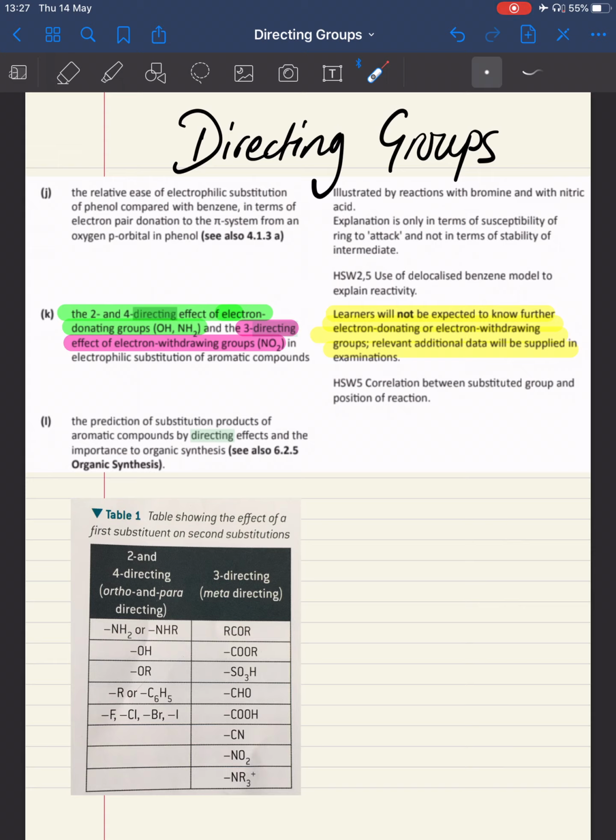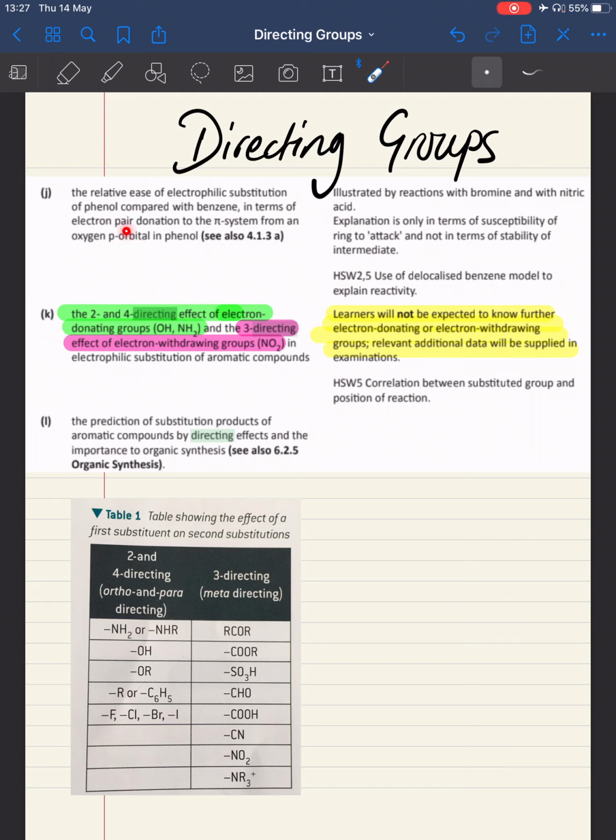Before we get into the main body of the video, when we're talking about directing groups, I'm going to link back to what you'll have done in previous lessons, and that's about why phenol and benzene have got different reactivities, why we need a catalyst to get benzene to react, and why that's not necessarily the case with phenol.